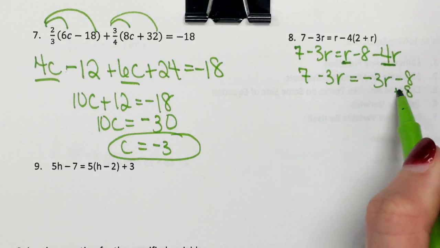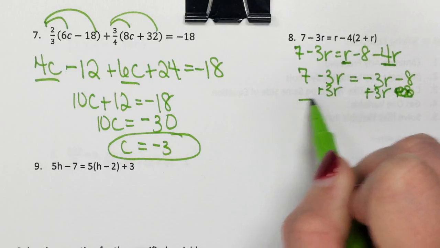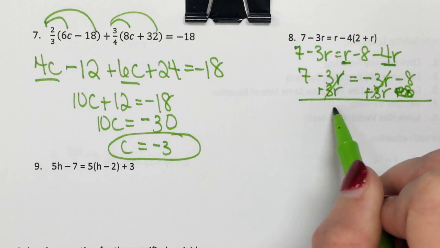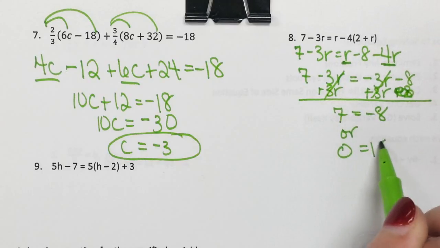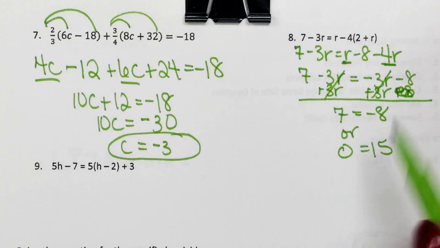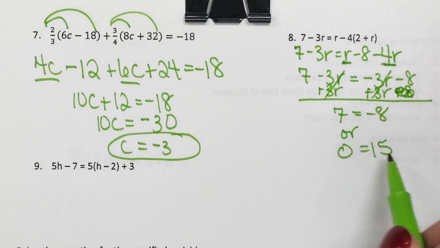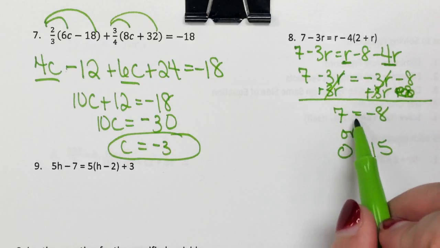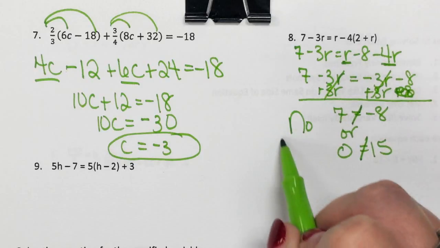Add the 3r. So you got 7 equals -8, or some of you did it a little different and got 0 equals 15, right? Okay, so is 7 ever going to equal -8? Is 0 ever going to equal 15? No, they never equal, and there's no letter. That's why this is a no solution.